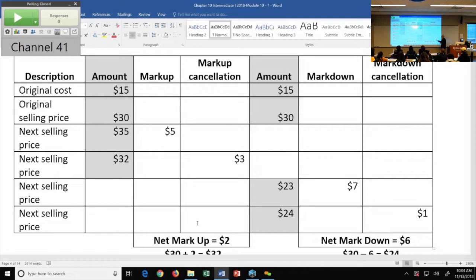So you would take markdowns minus the markdown cancellation to get the net markdown. And that's the number we need in retail. So we start with the selling price. We do not base it on the original cost and then that original increase.